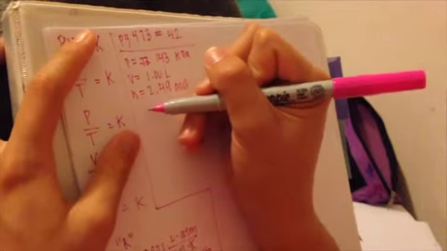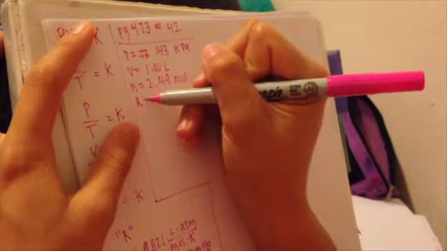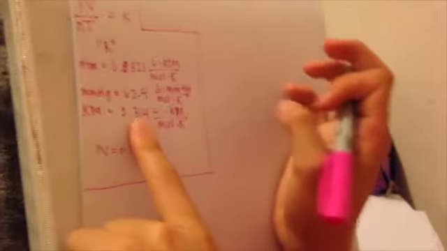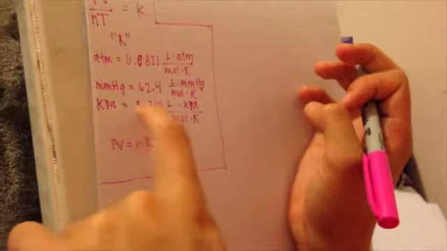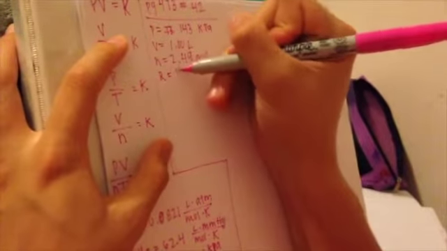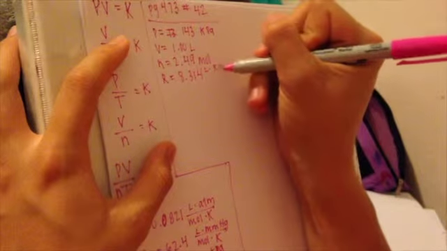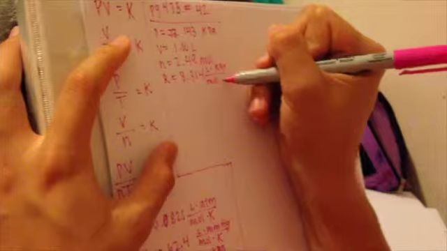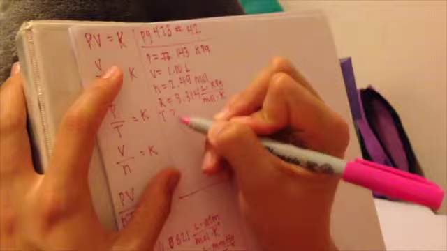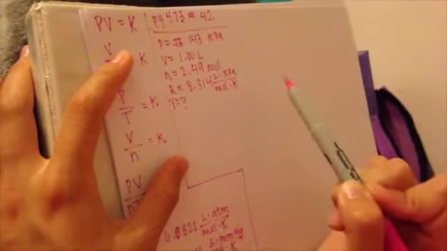And R, your ideal gas constant, since it's kPa, we go back down to here, will equal 8.314 liters times kPa over moles times Kelvin. It's asking for temperature, so we don't know what temperature is. It always has to be in Kelvin, so remember that. But it's asking for our temperature in Celsius this time, so when we solve it out, we'll have to subtract 273 to get to Celsius.